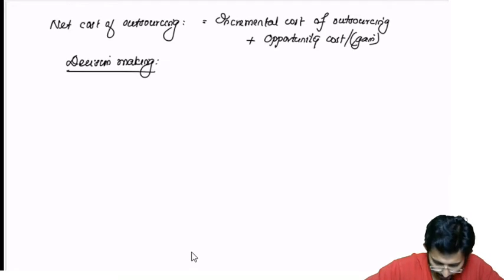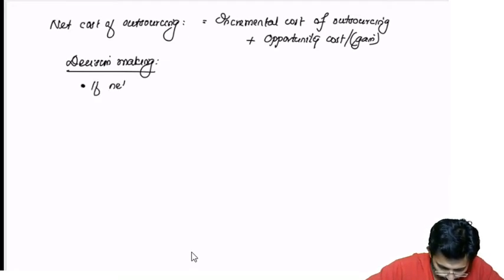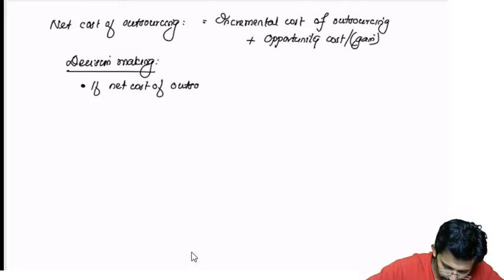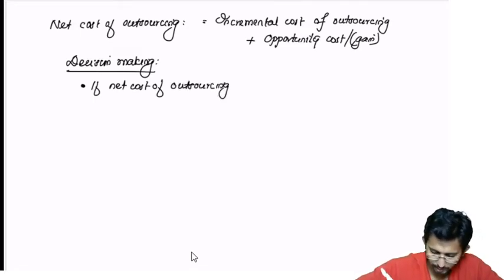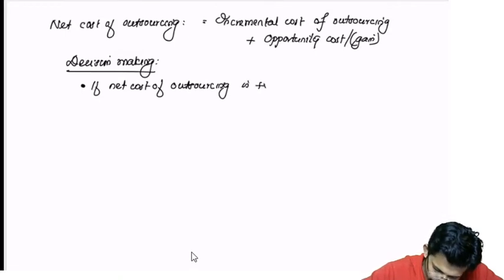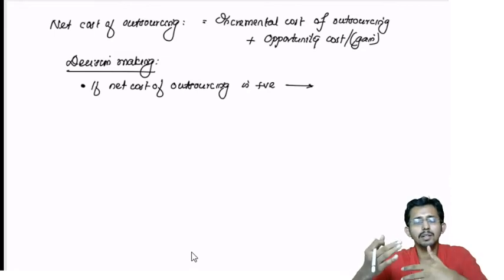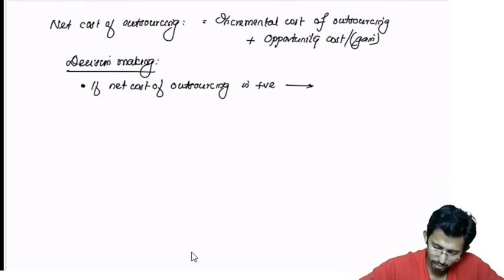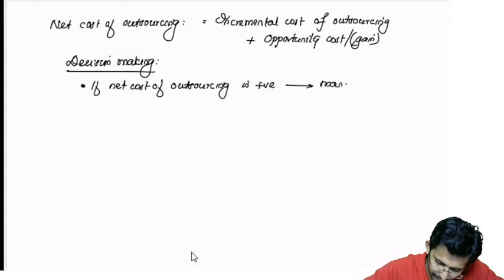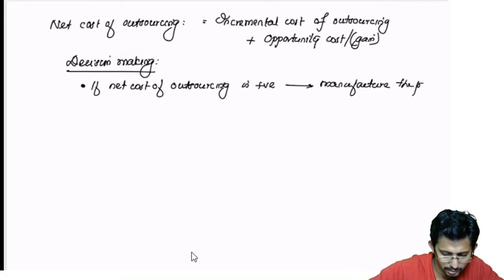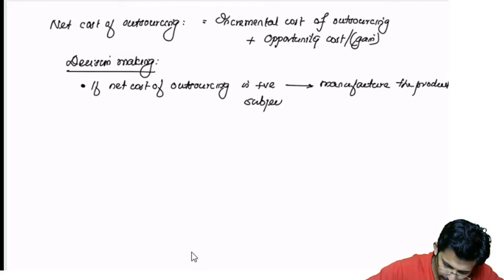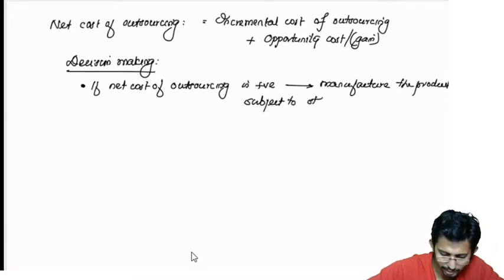Now, decision making. If net cost of outsourcing is positive, what does it mean? It is resulting in additional cost as compared to manufacturing. So manufacture the product, subject to other qualitative factors.